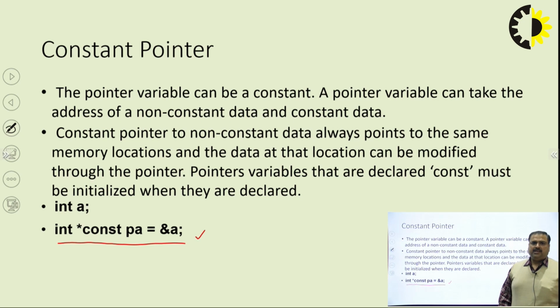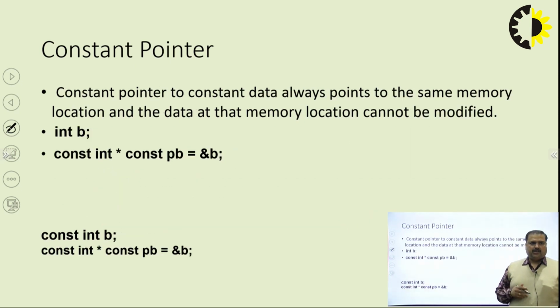Now this pa cannot have another address, so we cannot use pa++ kind of things, because pa++ would need to change the address, which is not allowed in this situation because it is a constant pointer.